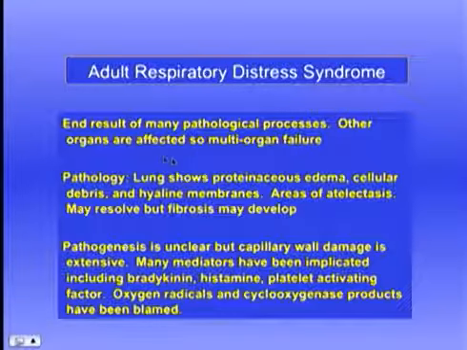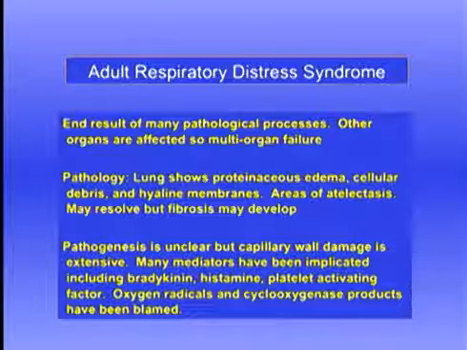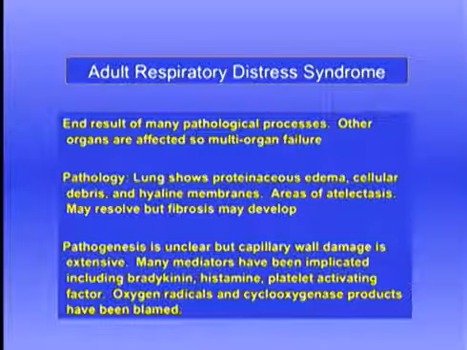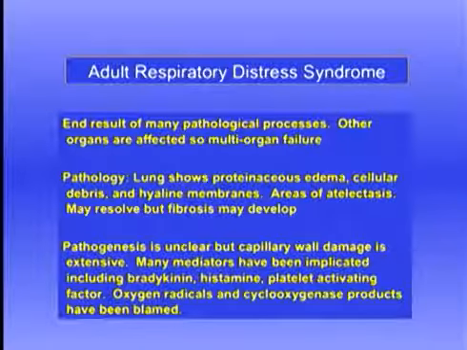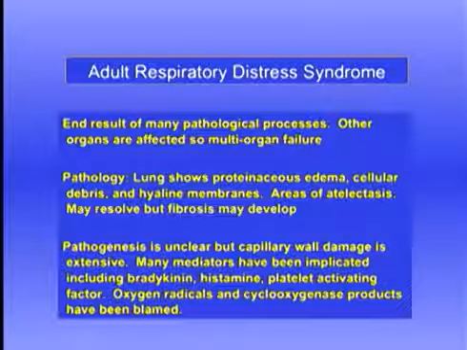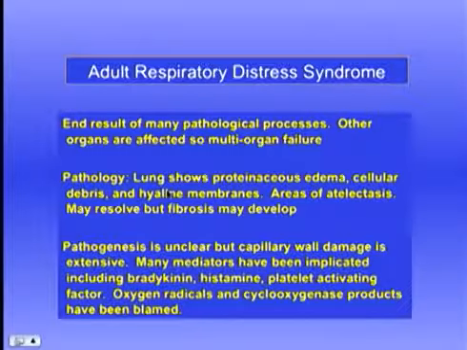The pathology of the lung shows an edema of a very high protein concentration, a proteinaceous edema, which of course indicates that there is damage to the blood-gas barrier, and therefore the filtering effect of the blood-gas barrier on the proteins has been destroyed. There's cellular debris in the alveoli, and there are often hyaline membranes as well, having to do with the cellular debris.